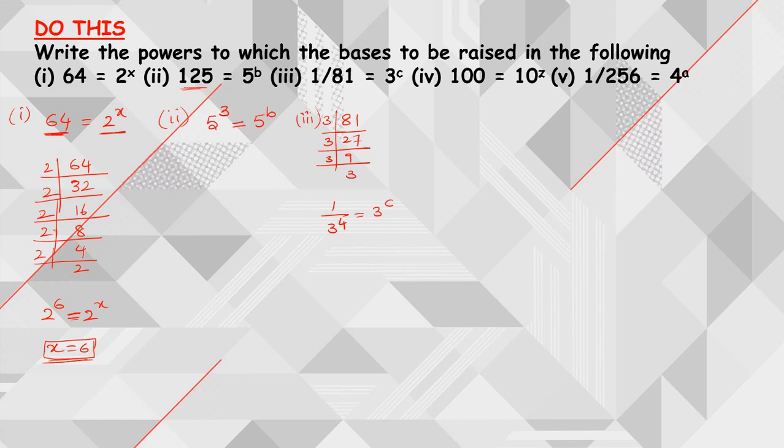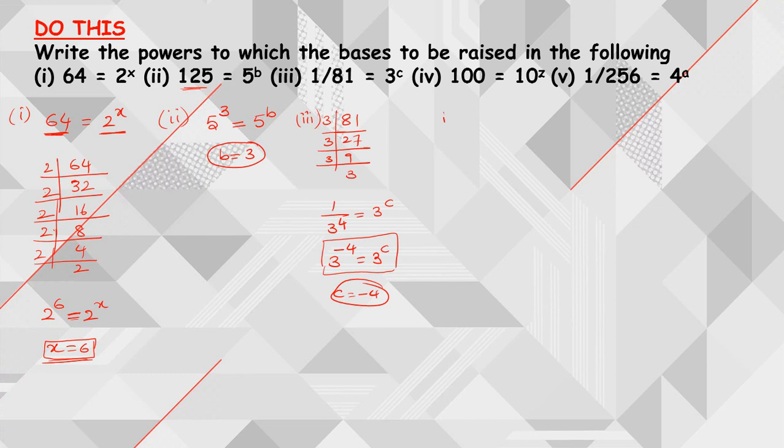Now 1 by 3 power 4 I can write as 3 power minus 4, which is equal to 3 power c. This is nothing but the exponential form of 1 by 81. So 3 power minus 4 is equal to 3 power c. If you want to find the value of b, you can say b is equal to 3. From this you can say the value of c is equal to minus 4.